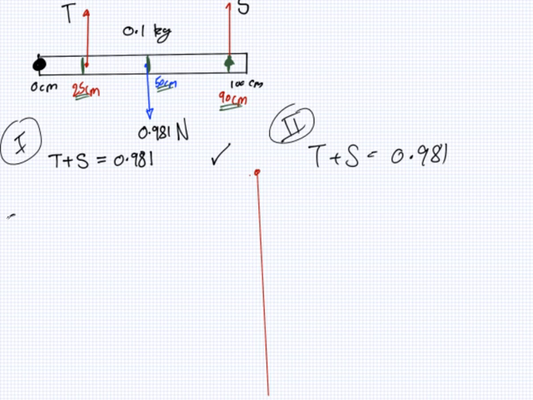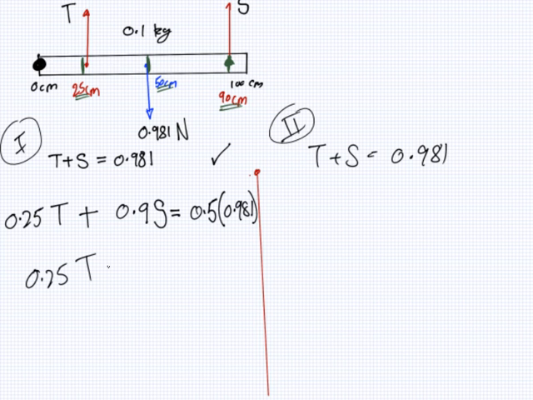That would be 0.25 T plus 0.9 S equals 0.5 times 0.981. So that's 0.25 T plus 0.9 S equals 0.4905. One equation, another equation.